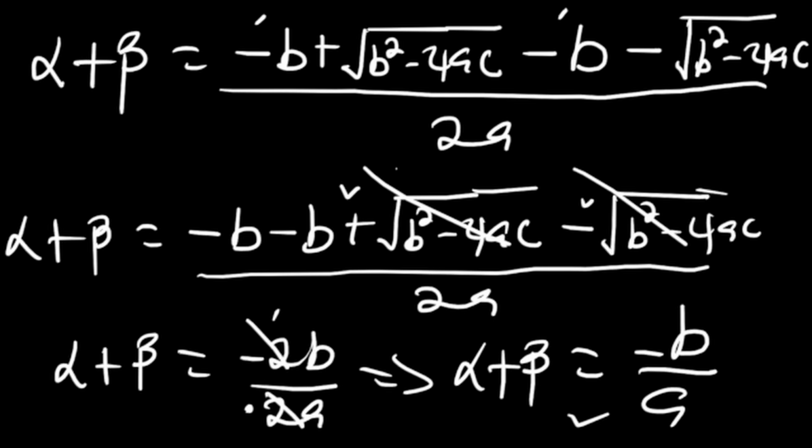Now, let's go ahead and prove the second one, that alpha times beta equals c over a. How do we do this?